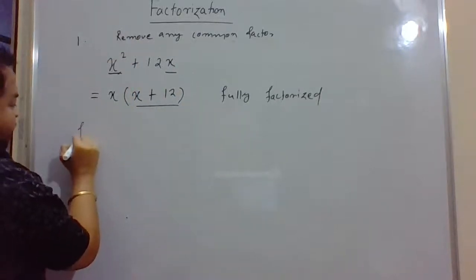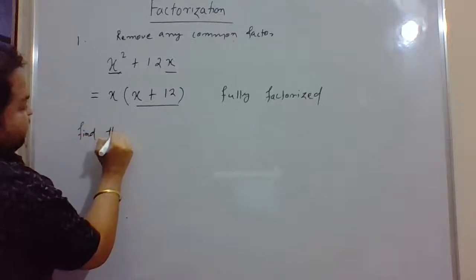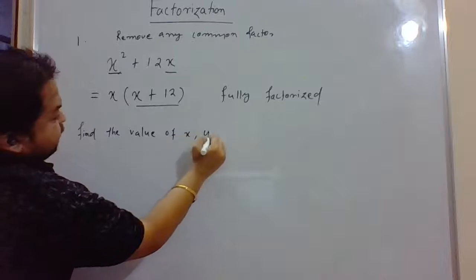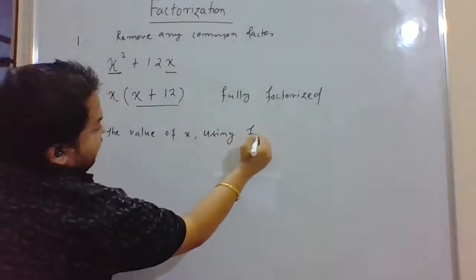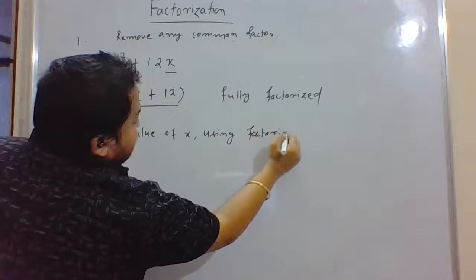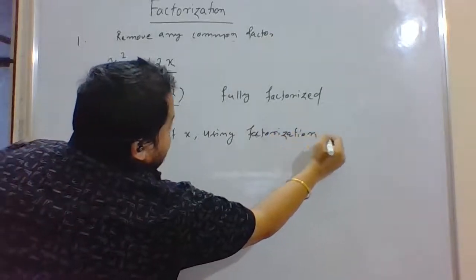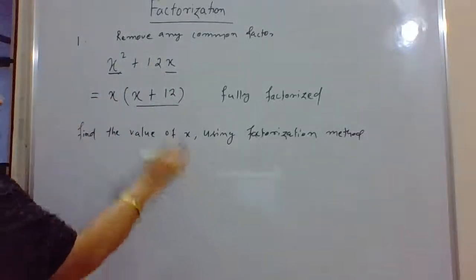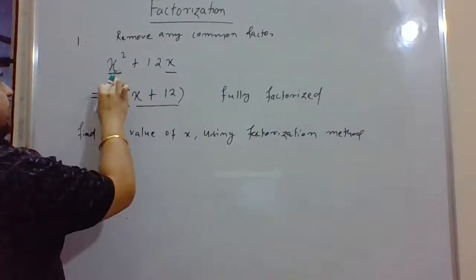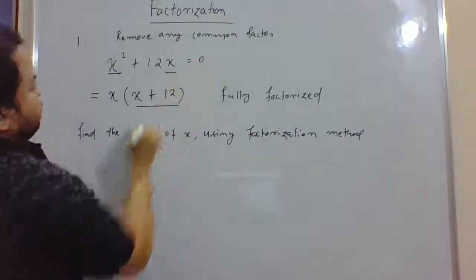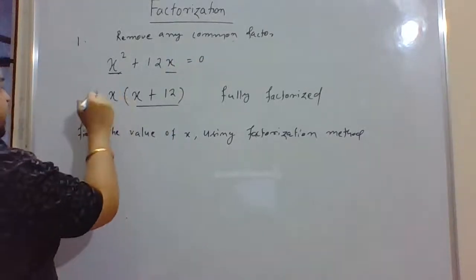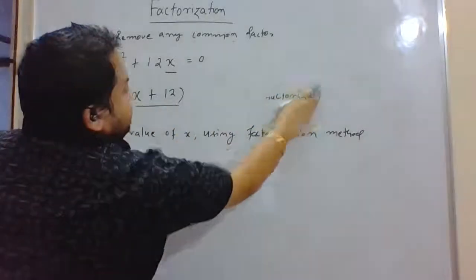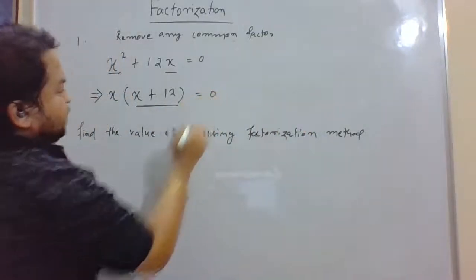Sometimes they may ask, find the value of x using the factorization method. If x squared plus 12x equal to 0 is given, then your answer will be from x into (x plus 12) equal to 0.